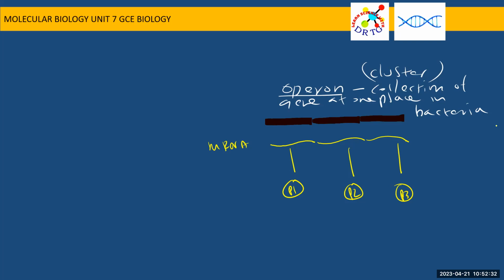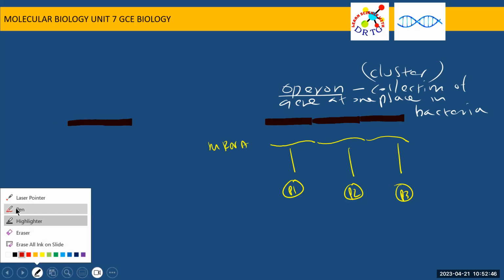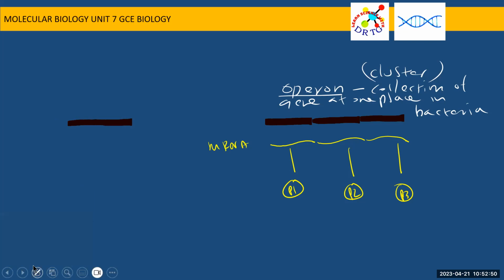But when it comes to eukaryotes, this is the gene, and I should always add something onto that. There's a region before that, mostly serving as a regulatory site.